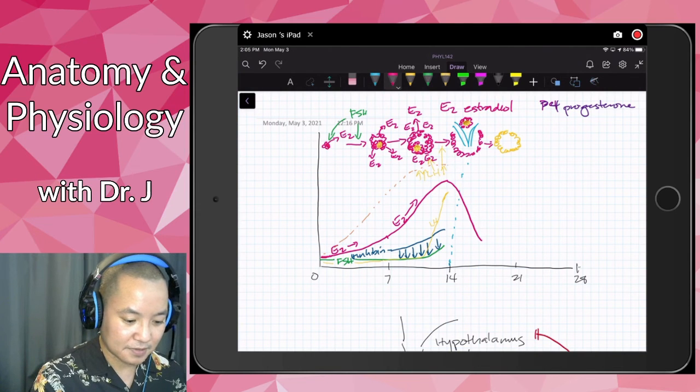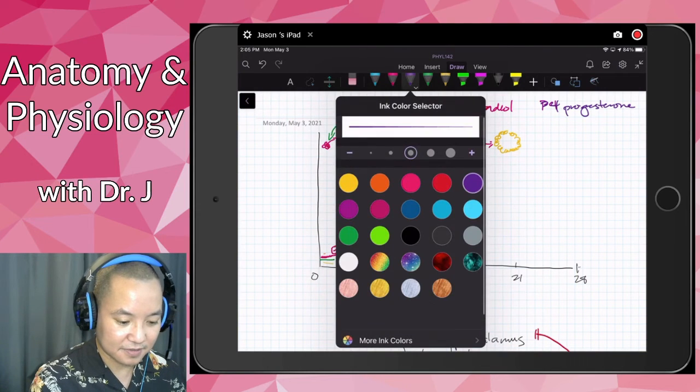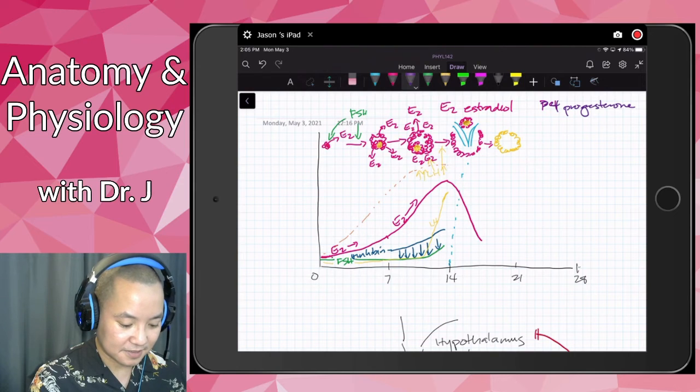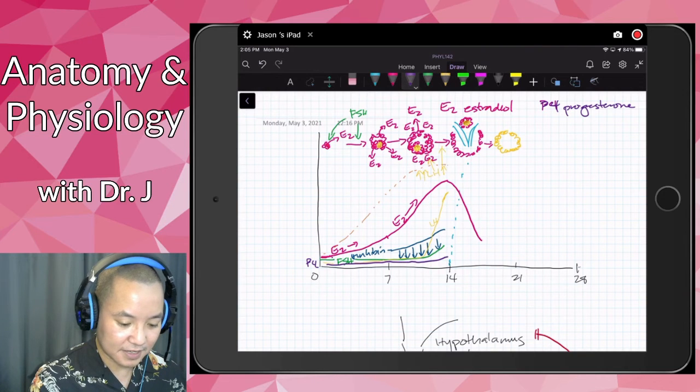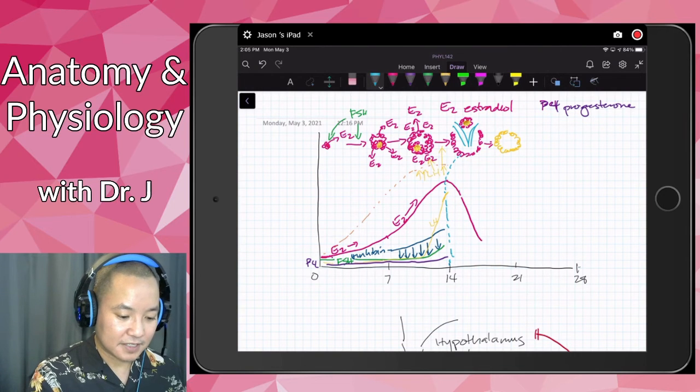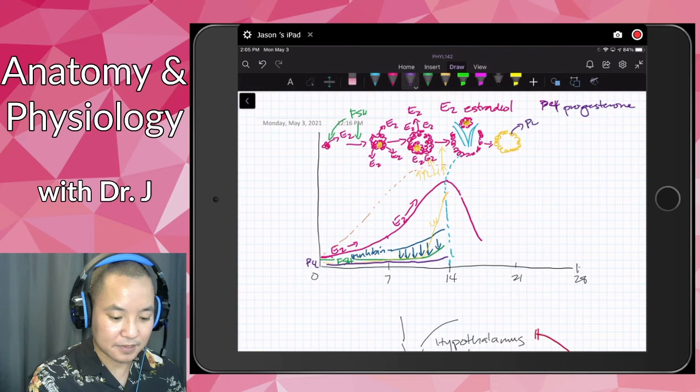So progesterone does start off low here initially. So P4 starts off pretty low. But once you have ovulation and formation of this corpus luteum, it is going to crank out progesterone.